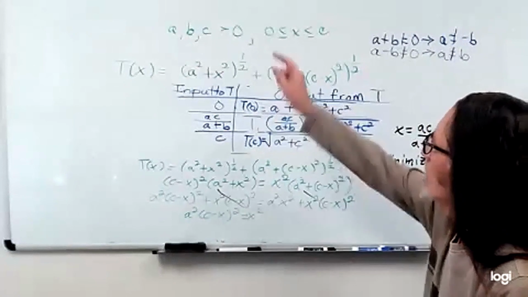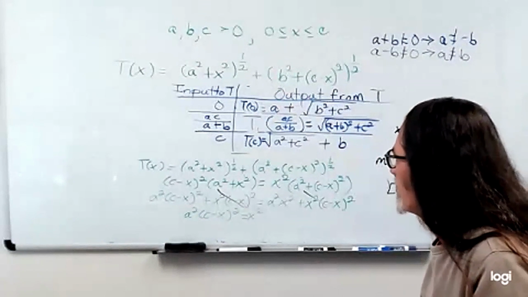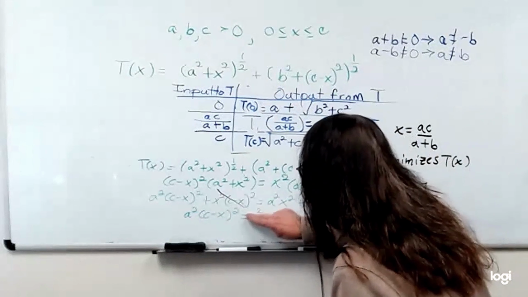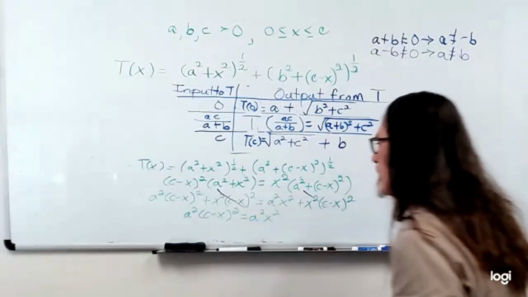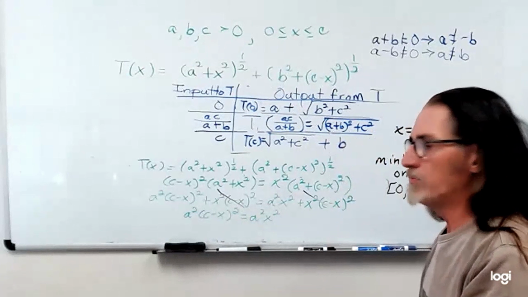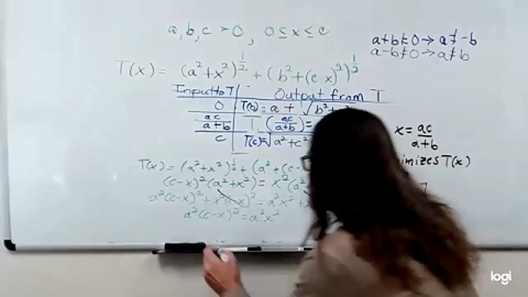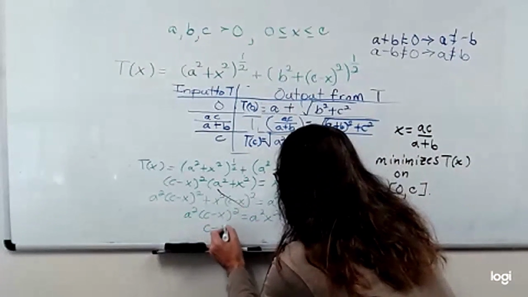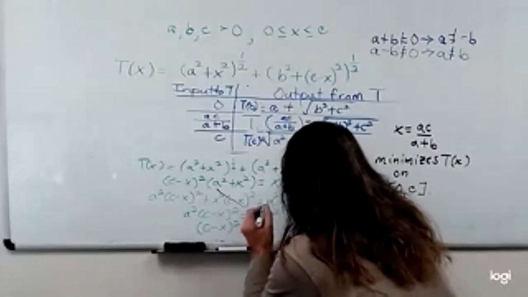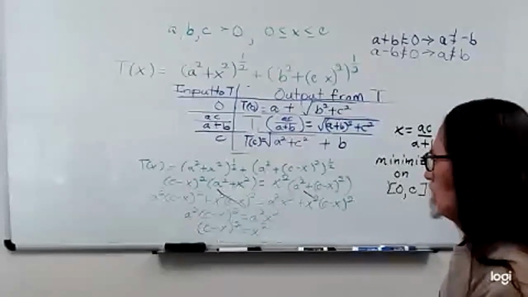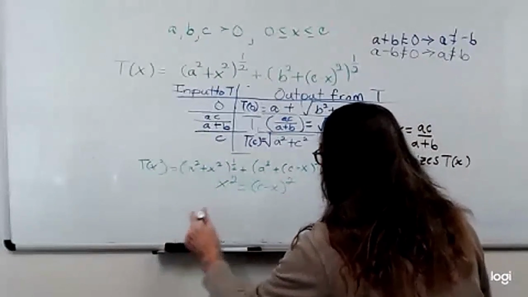Furthermore, since a is strictly positive, then so is a squared. Divide both sides by a squared. Take the square root of both sides.